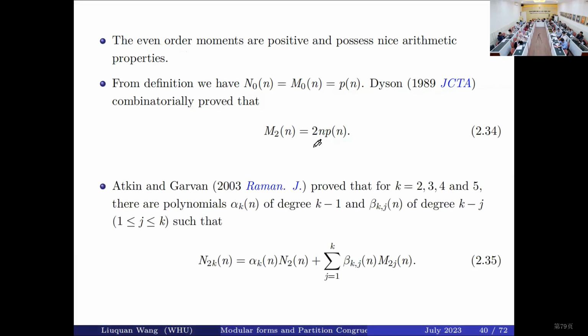So what happens next? Atkin and Garvan proved that for k equal to 2, 3, 4, and 5, there are polynomials alpha_k and beta_kj such that the 2k-th rank moments can be expressed as a combination of the second moment of the rank and the 2j-th moments of the crank, and the coefficients of these combinations are some polynomials in n.